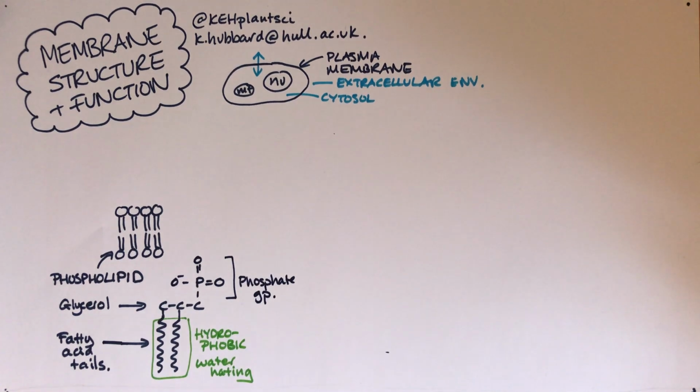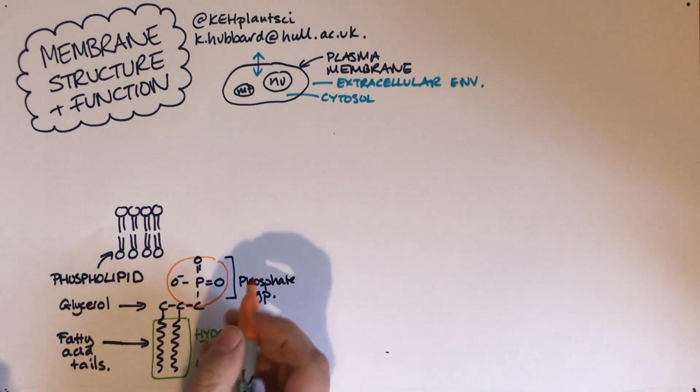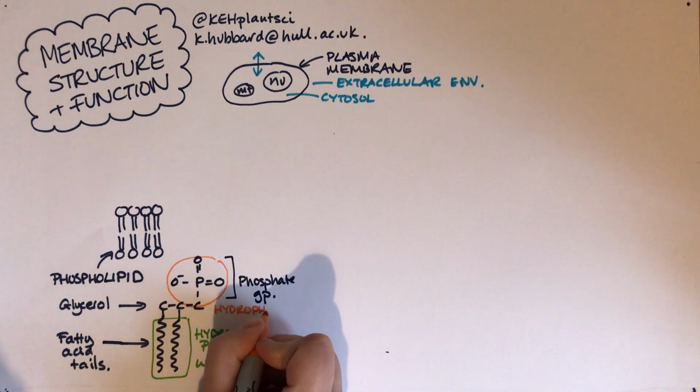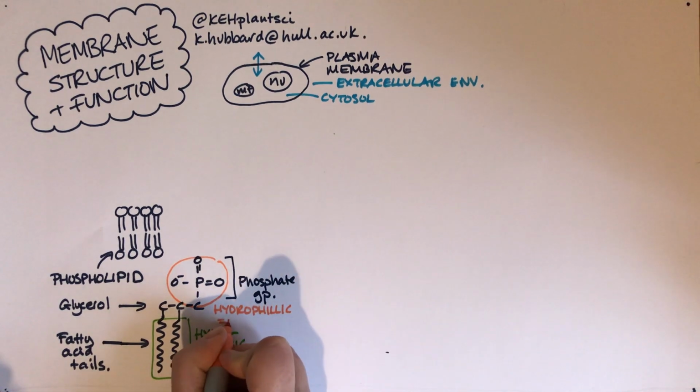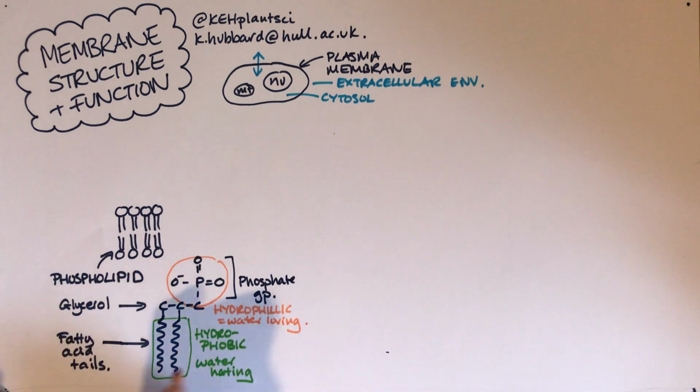That is a bit different because this bit of the molecule is hydrophilic, i.e. water loving. So this bit of the molecule likes the water, this bit of the molecule hates the water.